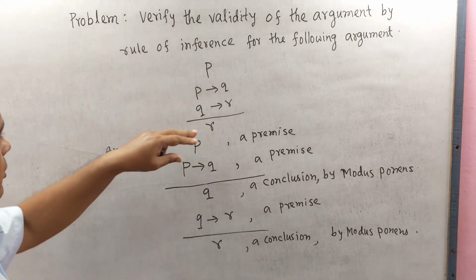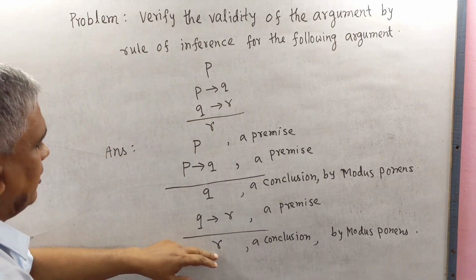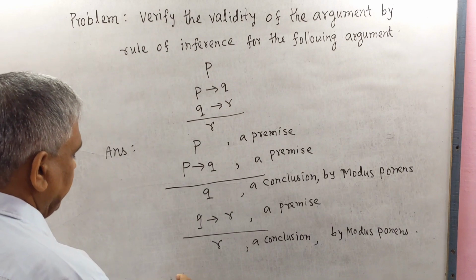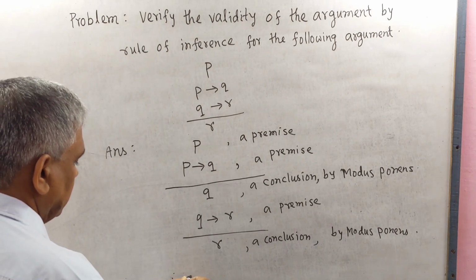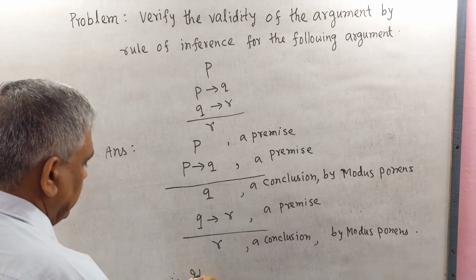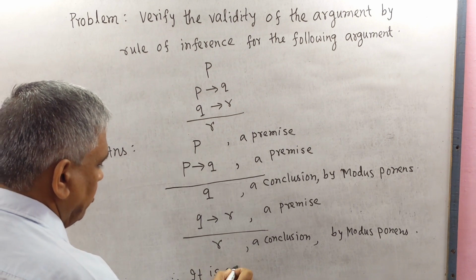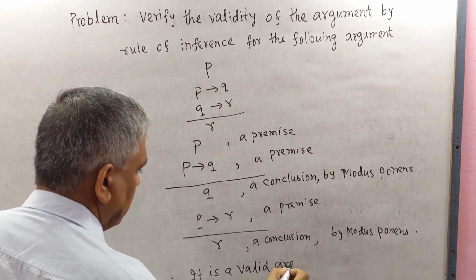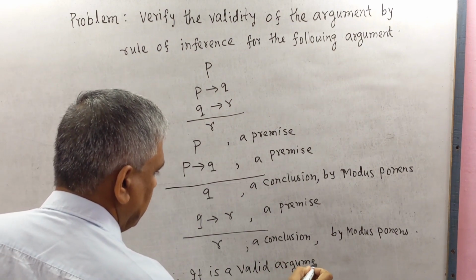So ultimately we get R, here also R. So it is a valid argument. Proved.